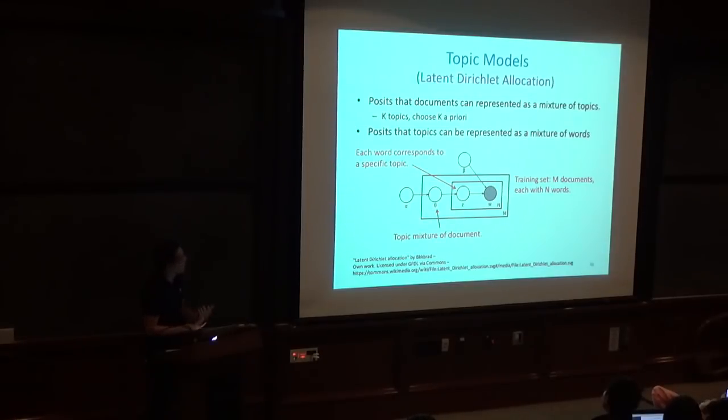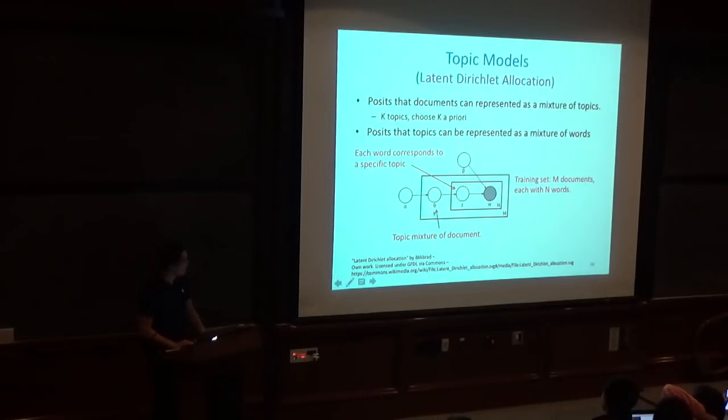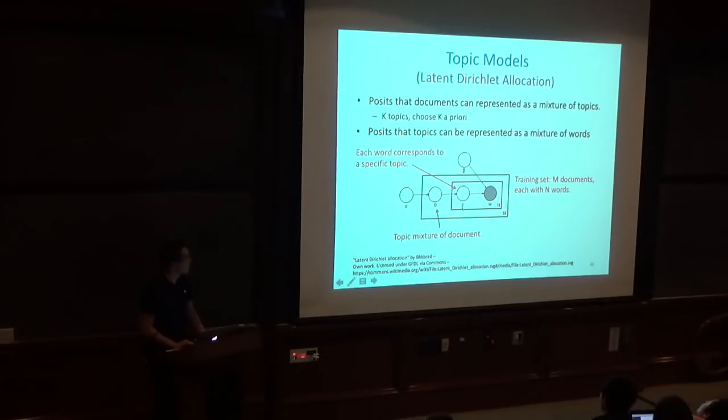So if we had k topics, when we sample a document, we first sample a topic mixture distribution, that's theta. And then we sample a number of words. Each word is sampled from a topic, and the word that we actually sample is conditioned on the topic that we sample.